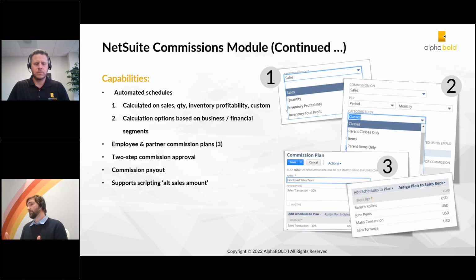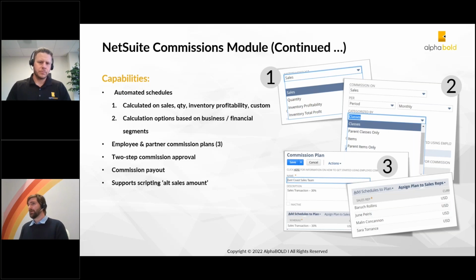So as part of the application, a supervisor of a sales rep will first approve a commission record. And then secondly, a financial approver is available to approve the commission record, at which time that becomes your AP, or you can then pay your sales reps their commissions. So that commission payout is another capability of the module.